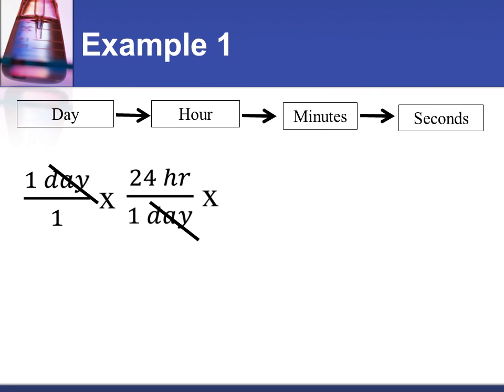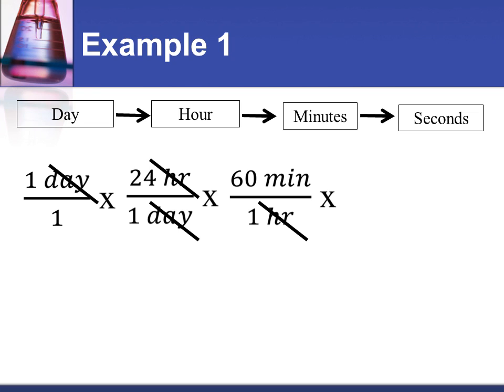Now I have to convert hour to minutes. I know that 1 hour has 60 minutes, and that in order to convert from hour to minutes, my hour needs to cancel out in both the second and the third fraction. So I must use 60 minutes over 1 hour, so that hour cancels with hour and you're left with minute.